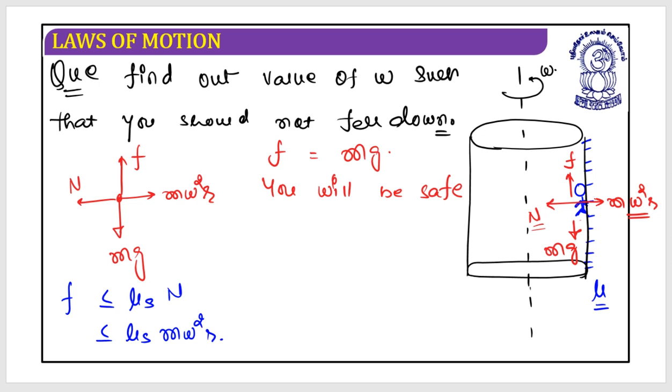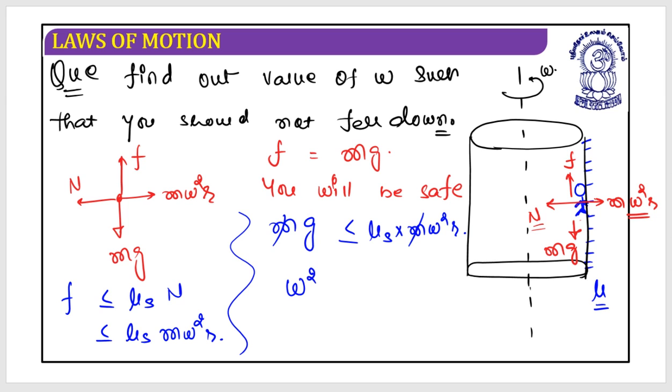Is it clear? Now what you need to do is just copy this thing: mg should be less than or equal to mu s into m omega square r. So m has gone, and omega square should be greater than or equal to g by mu s into r, or omega should be greater than or equal to the square root of g by mu s r.